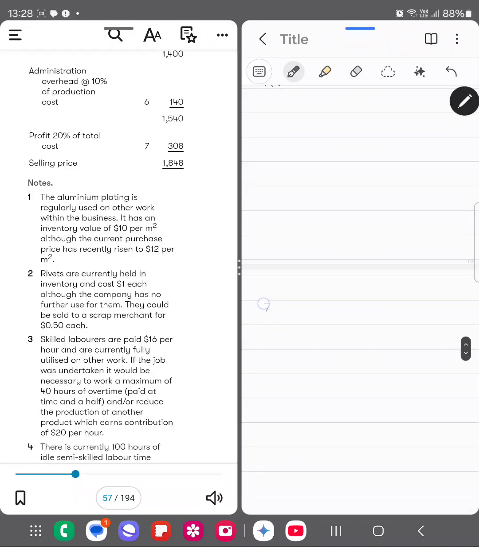For skilled labor, let's see, they have one option. I will read note 3 once again. Skilled labor are paid $16 per hour and are currently fully utilized on other work. If the job was undertaken, it would be necessary to work a maximum of 40 hours of overtime. So currently the labor is engaged in some other work, so they have two options, option 1 and option 2.